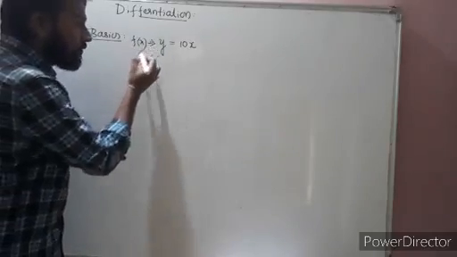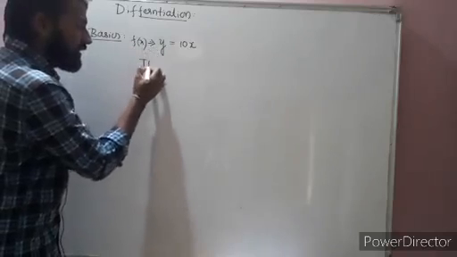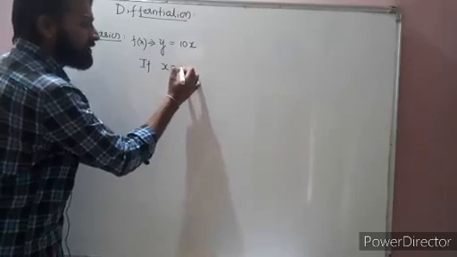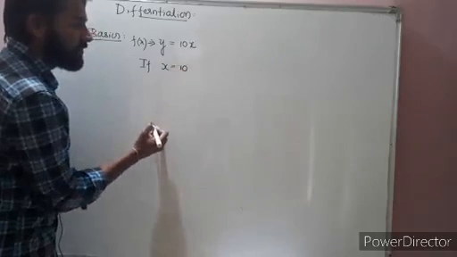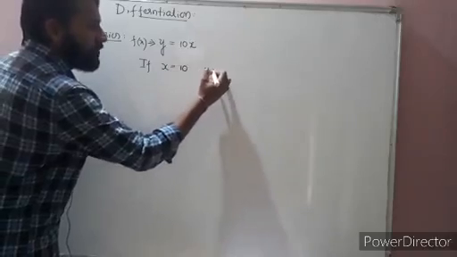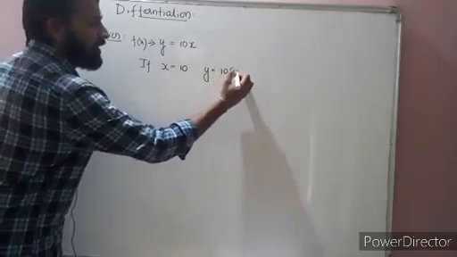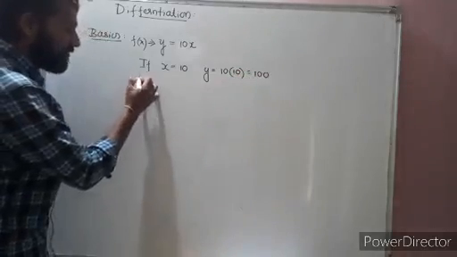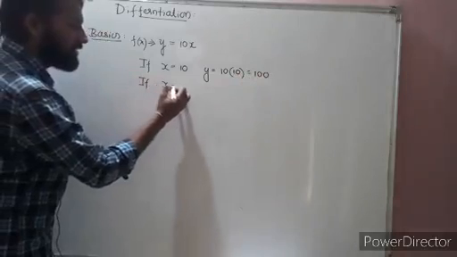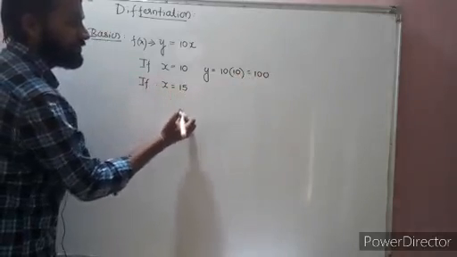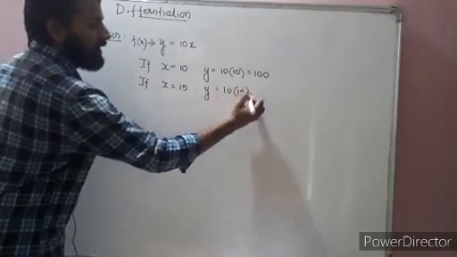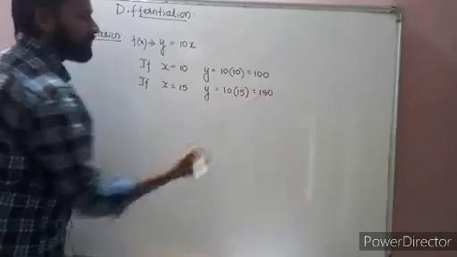If I take x as 10, then the value of y will be 10 times 10, which is equal to 100. If I take x as 15, then y will be 10 times 15, that is 150.